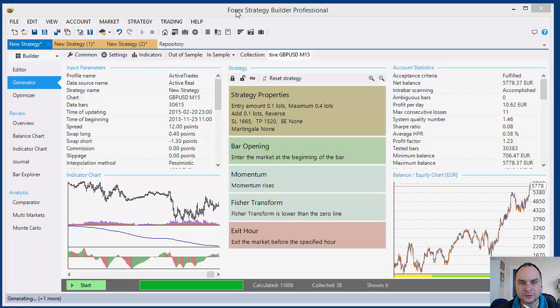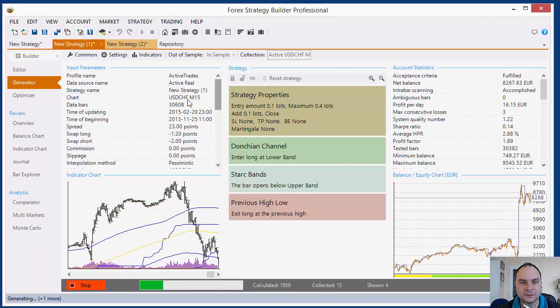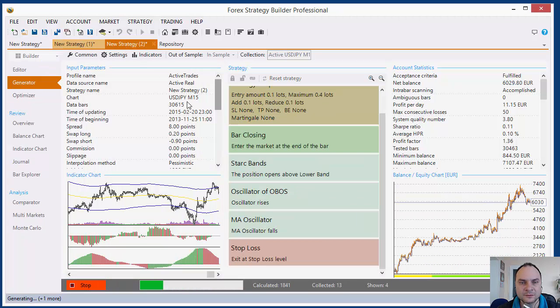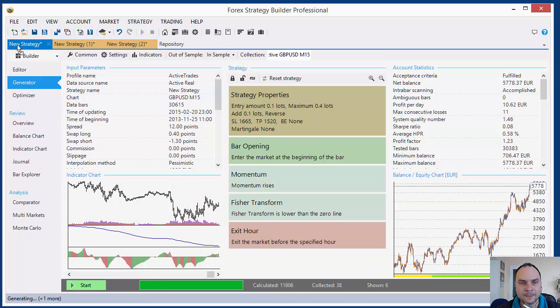In the previous episode we saved our strategies for the EURUSD market and we started 3 instances of the generator for the other 3 major symbols: Great Britain USD, USD Swiss franc and USDJPY. We started these generators, but from yesterday I restarted the generator several times in order to find better strategies.